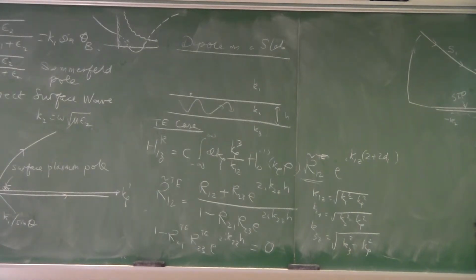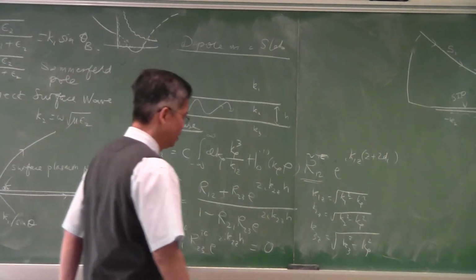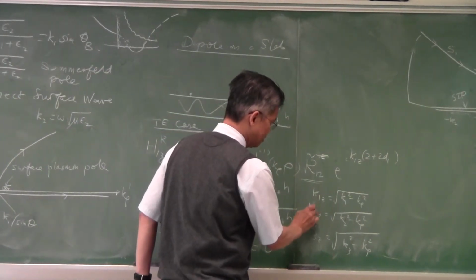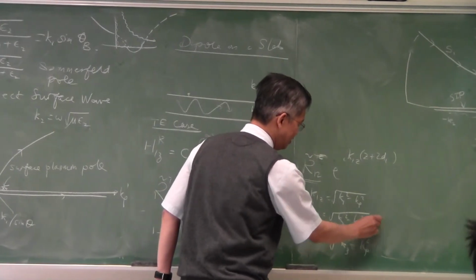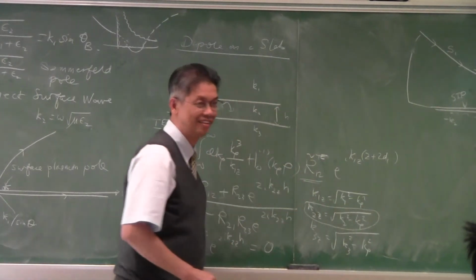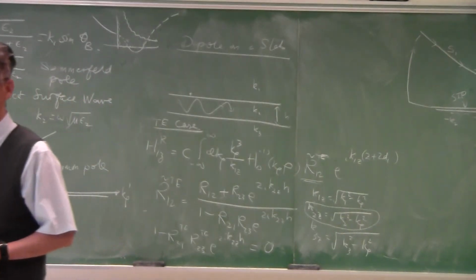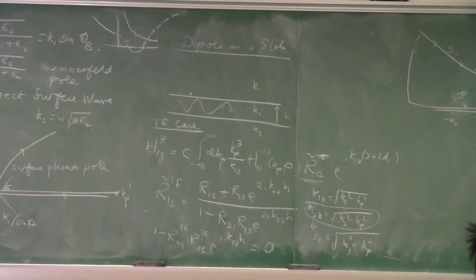The correct answer is that there are only 2 branch points on the first quadrant, and then 2 branch cuts. There's no k2z branch point, and no k2z branch cut. So this is a trick question. You didn't know the answer, that's why you got tricked. But I know the answer.